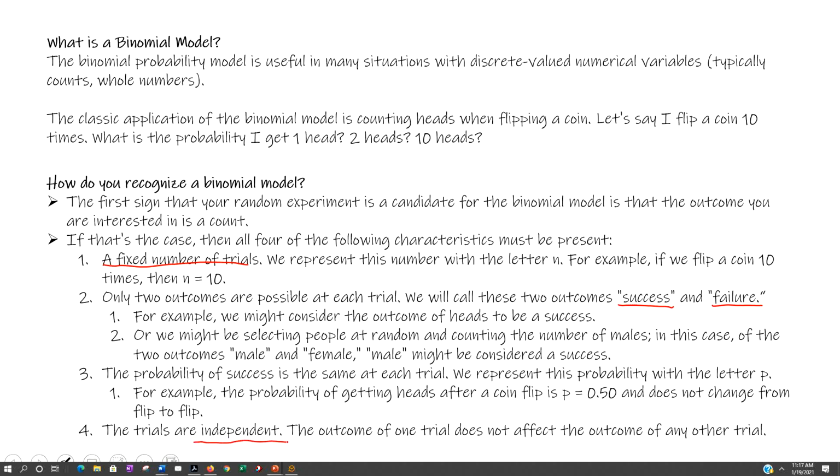The 100 times we flipped the coin, each one of those was an independent, separate event. The outcome before had nothing to do with the outcome of the present experiment, which had nothing to do with the next ones coming up. Everything was independent. Hopefully you remember that, and that makes sense.